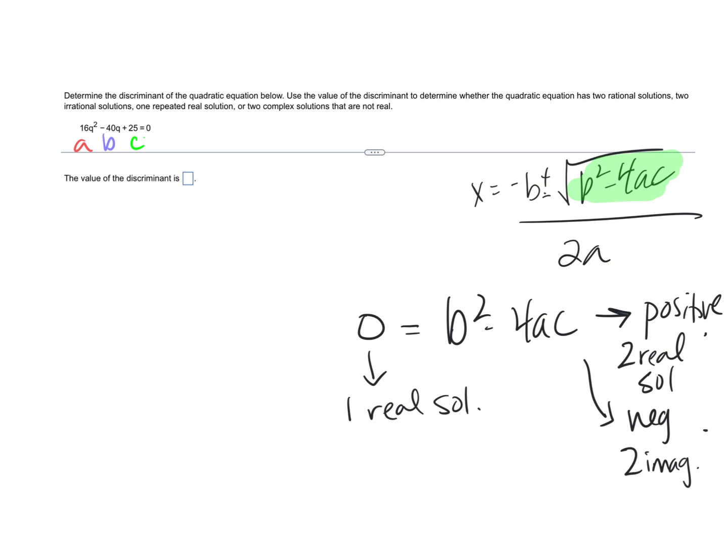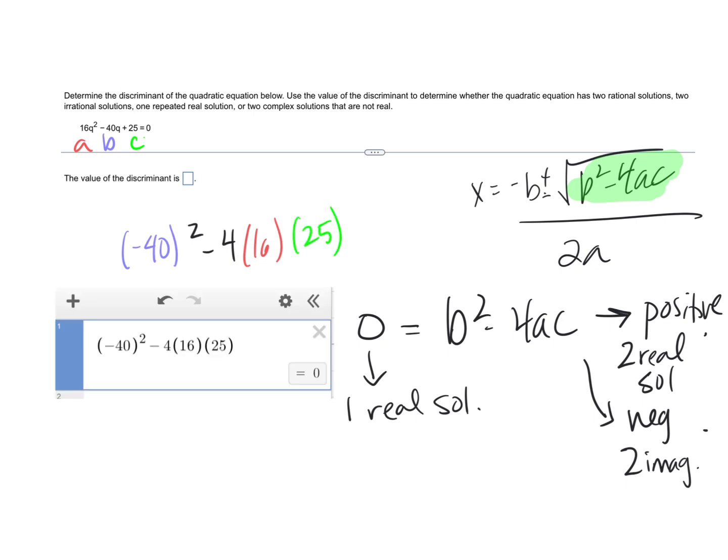So I have b is negative 40, so that's going to be negative 40 squared minus 4 times a is 16 times c is 25. So I plug that into my calculator and I end up with 0, which means that we have exactly 1 real solution. So 1 repeated real solution.